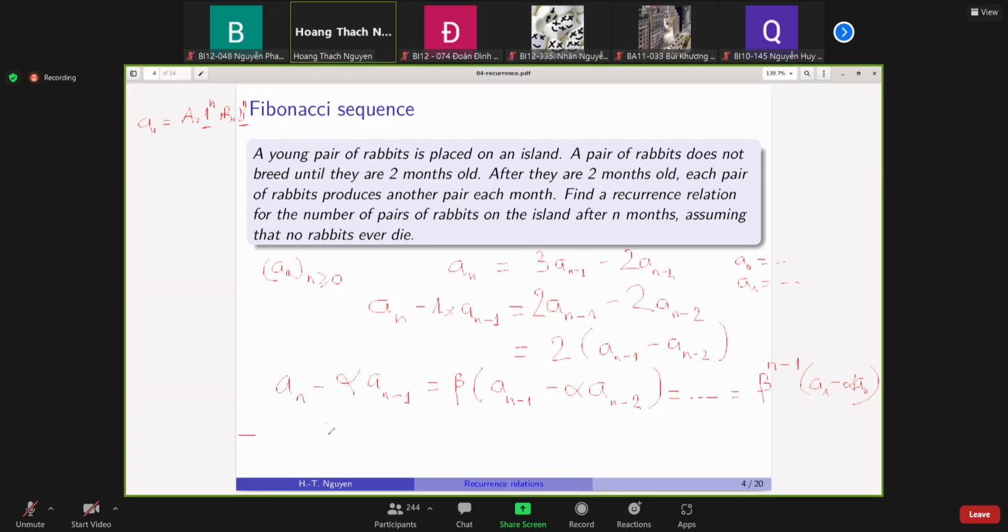For those who prefer to do the calculation, you can try it at home.